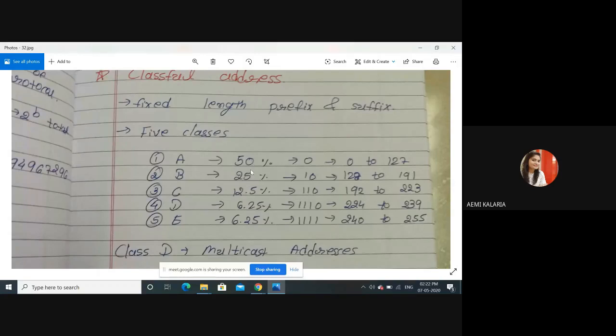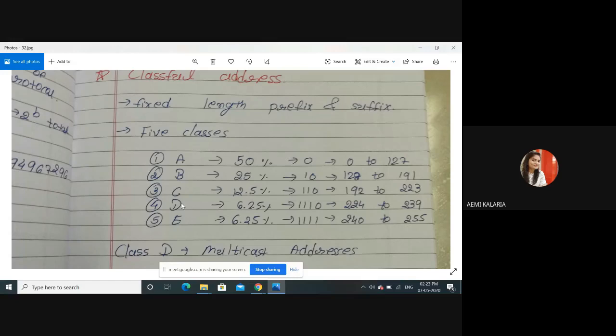Till now we are mostly dealing with classes A, B, C only. Class D is mostly used for multicasting. What do you mean by multicasting? Let's say one sender wants to transmit a particular packet to so many other nodes, then we call it multicasting.